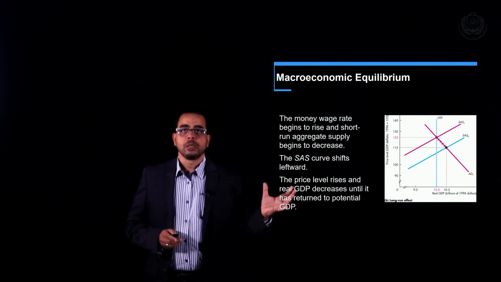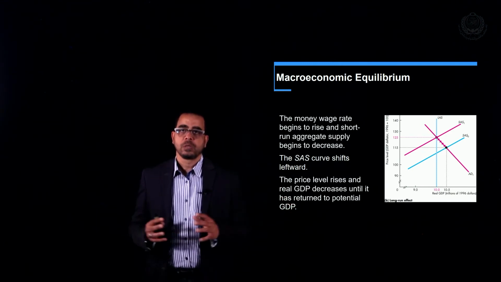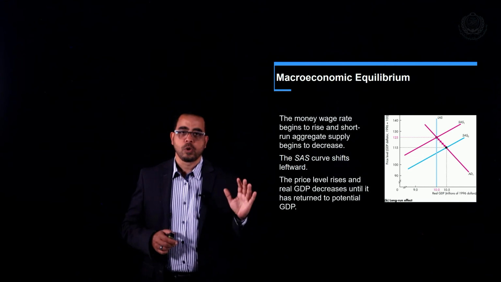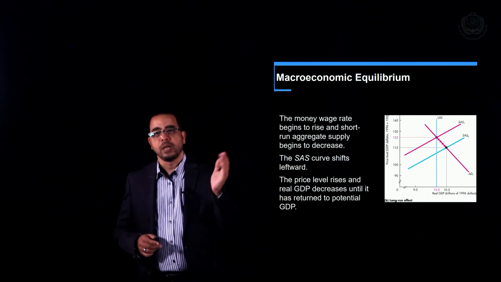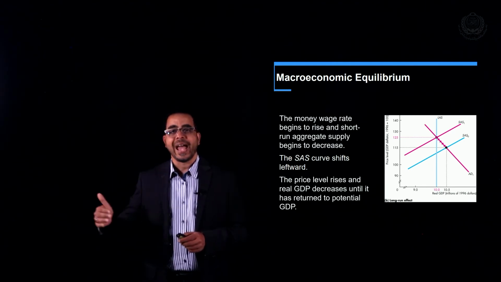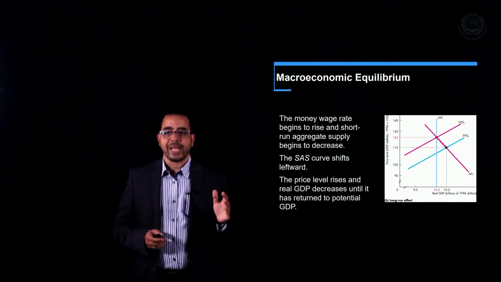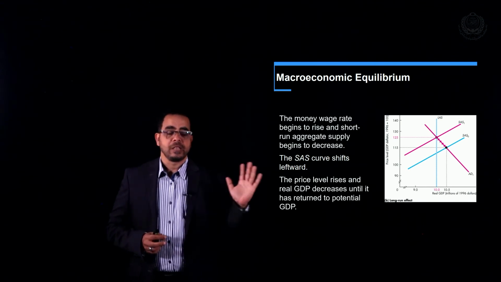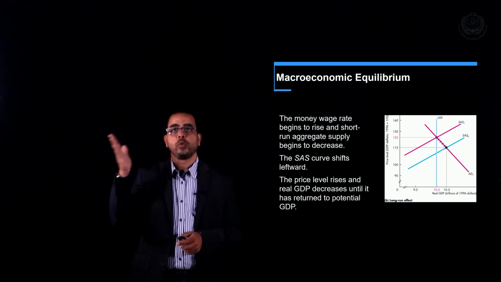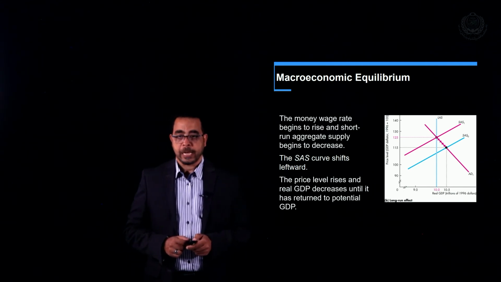As the wages gradually increase, this will cause some of the businesses to get out of the market as they cannot bear the higher wages, and this will cause the short-run aggregate supply to shift leftward, bringing the real GDP back to the potential GDP at an even higher price. So the money wage begins to rise, and the short-run aggregate supply begins to decrease. The SAS shifts leftward, the price level rises, and the GDP decreases until we reach the potential GDP again.